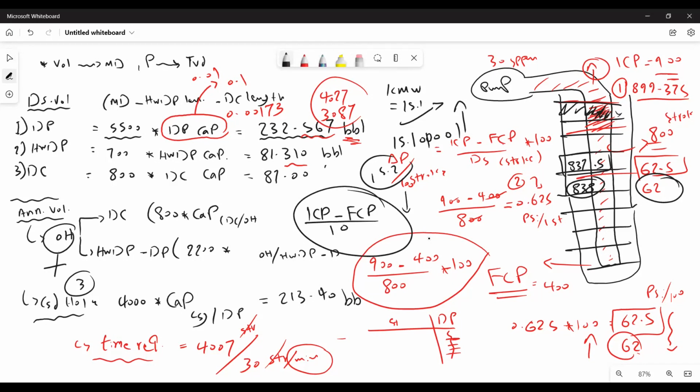Here it will be 900 minus 400, so 500 over 10, which is 50 psi. So if we divide the drill string into 10 equal sections and pump one section, the pressure will drop by 50 psi. Okay, clear, guys?